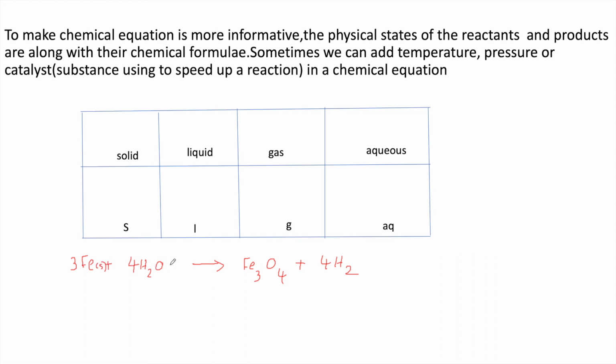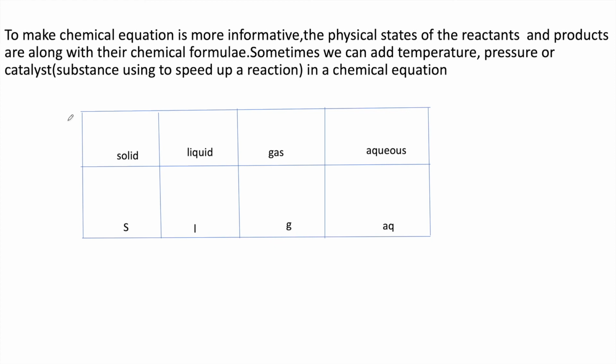And H2O, normally it's a liquid, water it's a liquid, but here we are using as steam. Okay, so it's gaseous state. And iron oxide, definitely it's in solid state. And hydrogen, it's a gas, so it's in a gaseous state. Okay, so now the chemical equation, it's completed.